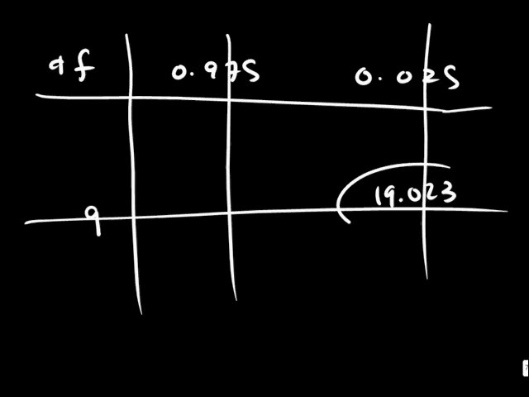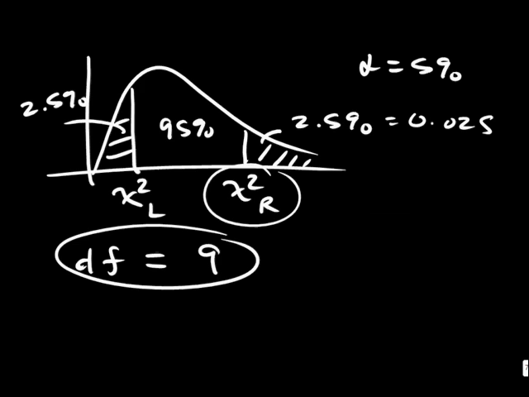Going back, 95% is 0.95, so that the area to the right of the left chi-square value is 0.95 plus 0.025, which gives us 0.975, or 97.5%.